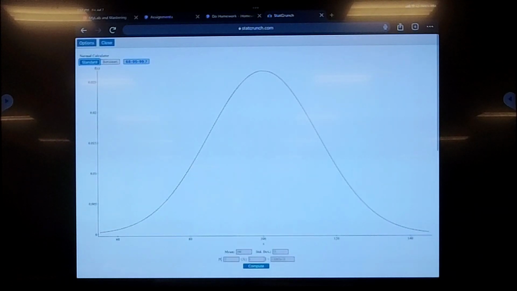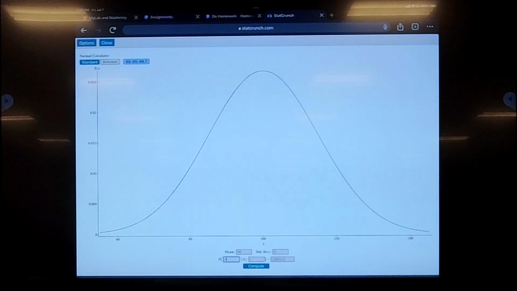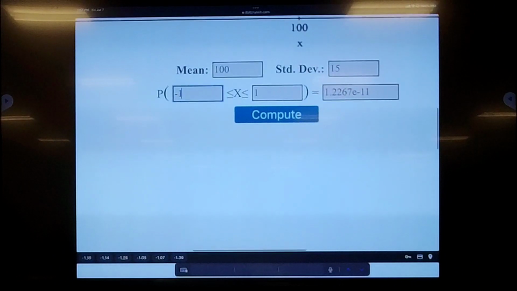So I'll go to between. I'll come down here and put my numbers, 80 and 110.